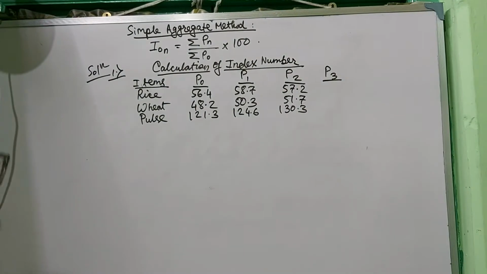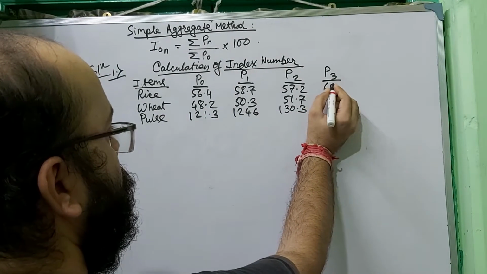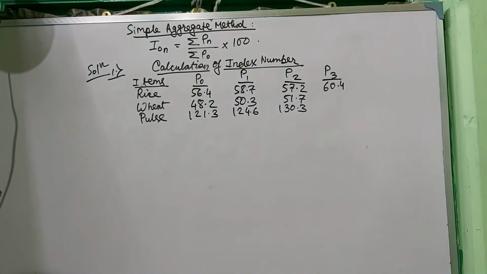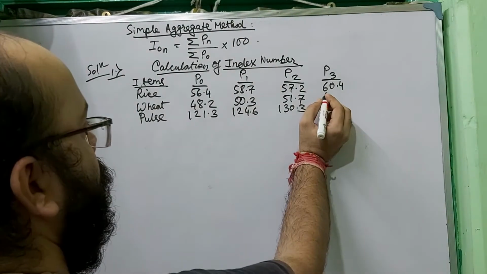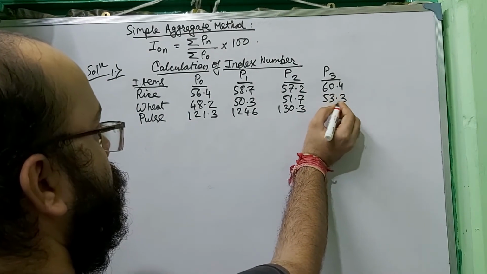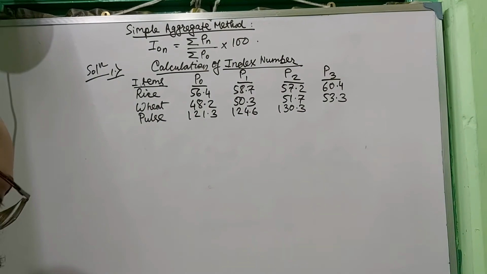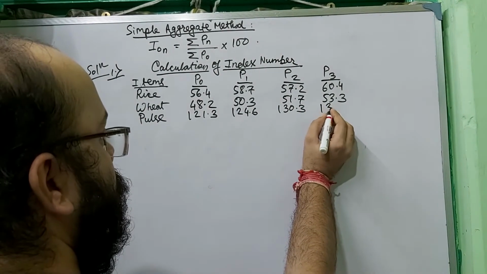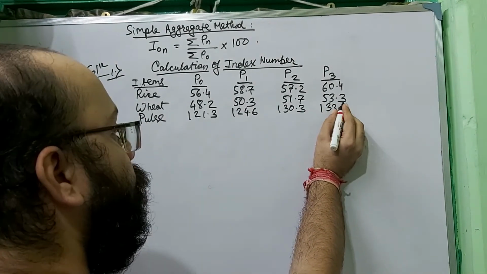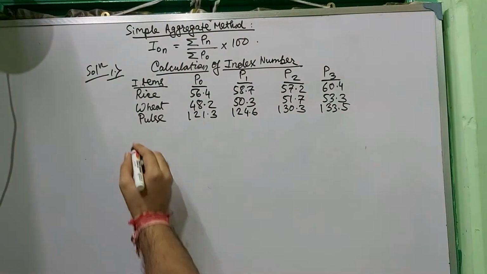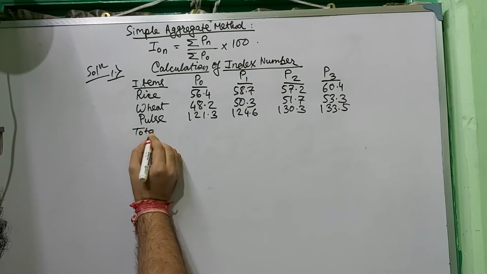And 83's price is 60.4, 53.3, and the last one is 133.5. Right? You do the total.